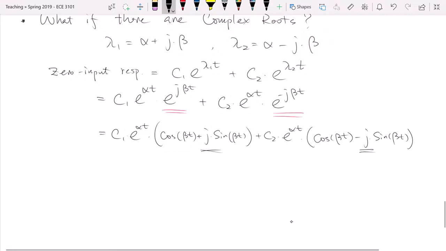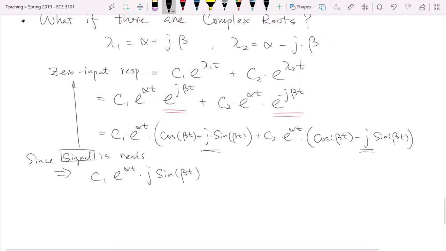Or in other words, since the signal is real, and when I say the signal, I mean the zero input response, the imaginary part I'm looking at here must cancel. So c1 e to the alpha t times j sine beta t must be equal to c2. Sorry, let me backtrack.